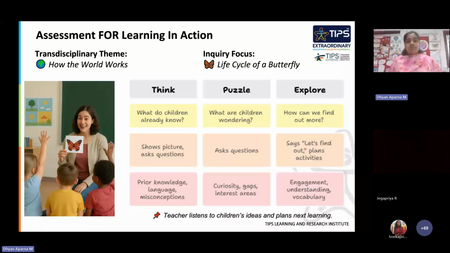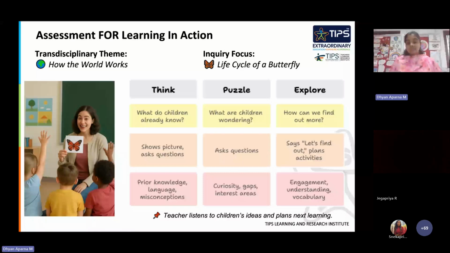With their responses, we can clearly get an understanding of what the child already knows, what vocabulary they had in their mind, what ideas they connect with the butterfly, and how much exposure they had earlier. And then from collecting all their responses, we slowly moved on to the next part, which is the puzzle.